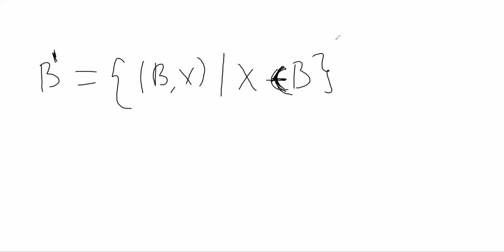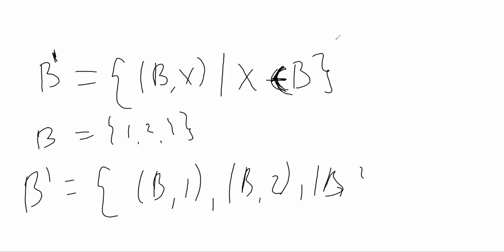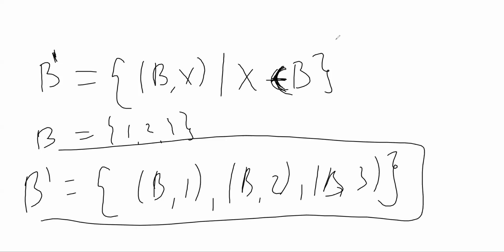Okay, so basically, say for example your set B is {1, 2, 3}, what you're doing is B1, B2, B3, right? Okay, so we're making a new set out of this.